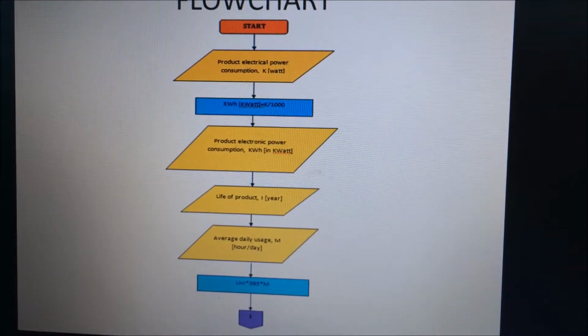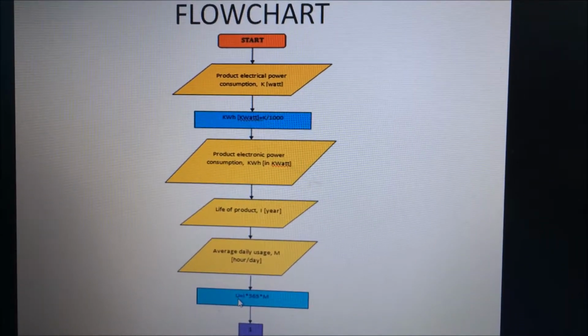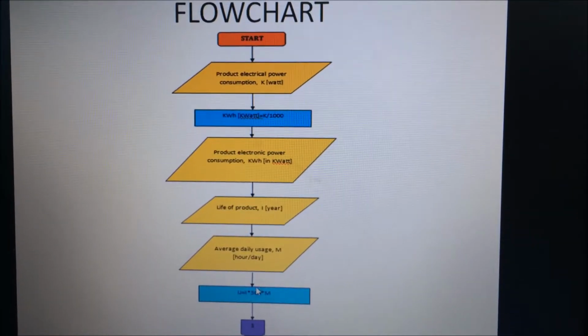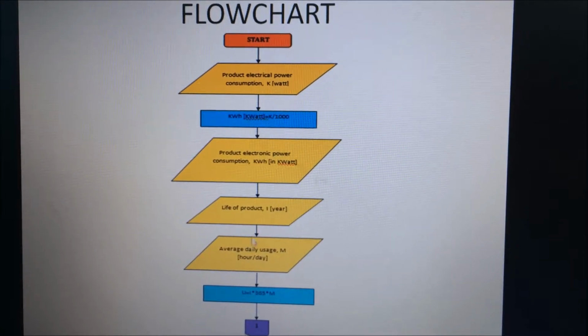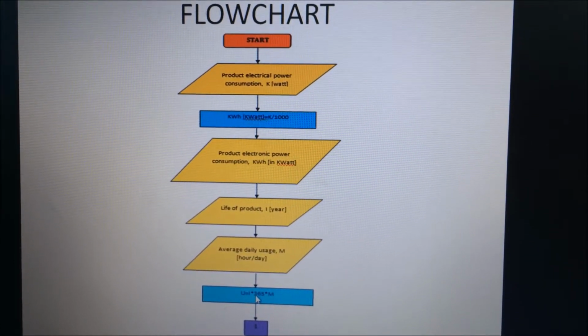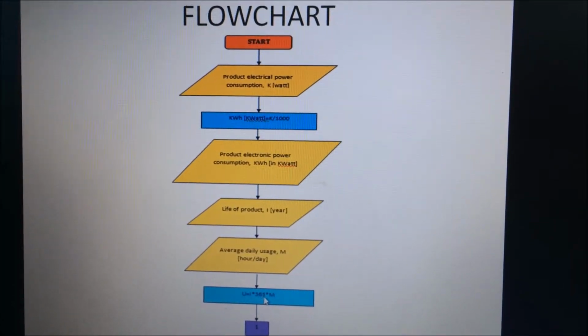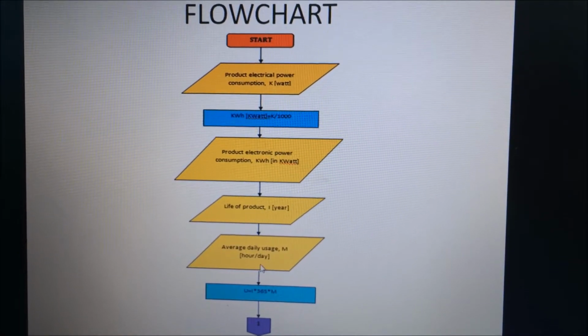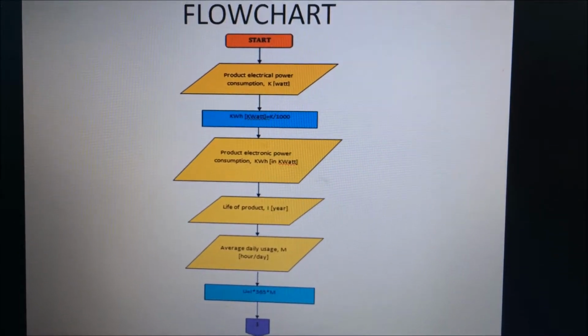Okay, and then we calculate the total life of product in hours by using this formula, which is U equals to I, that is life of product in a year, times the number of days in a year, which is 365, times the average usage hours per day.